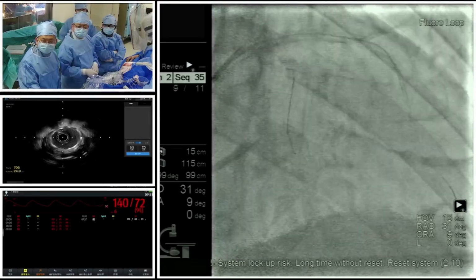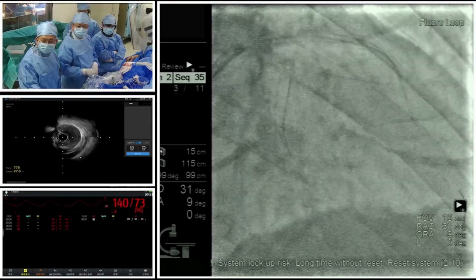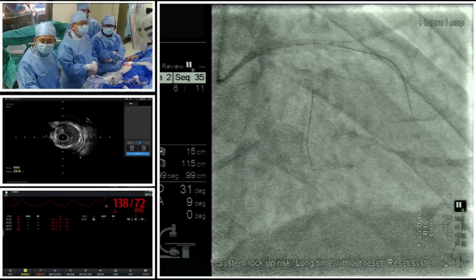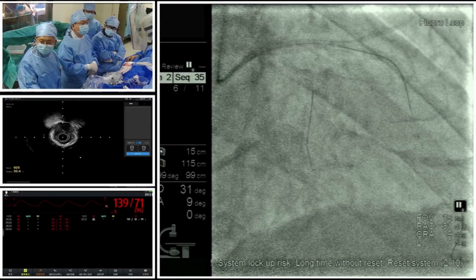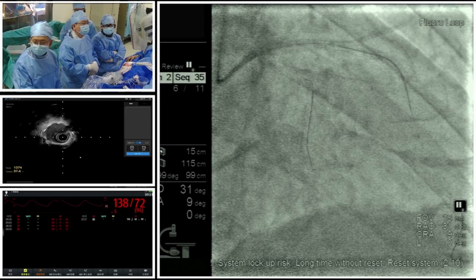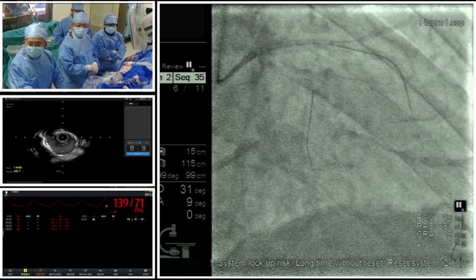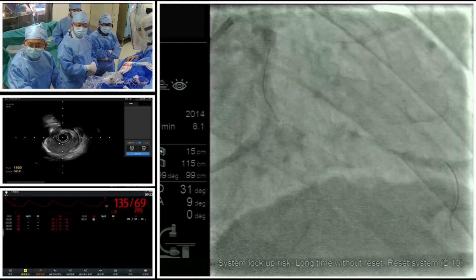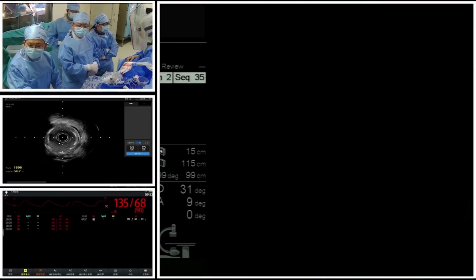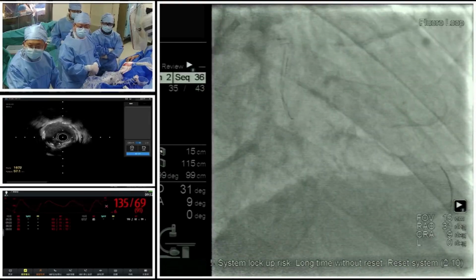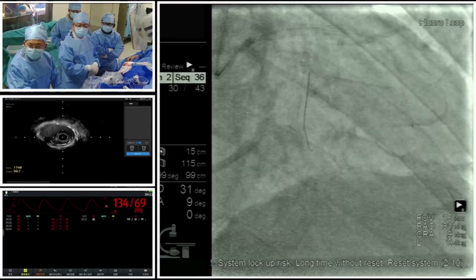So now we are doing IVUS after the stenting, right? Yeah. So Dr. Wang, can you take us through the IVUS image? Okay, we can see the stent and the lumen now is acceptable, but we need some post dilatation.